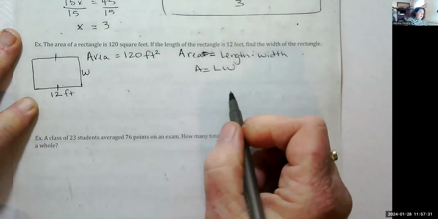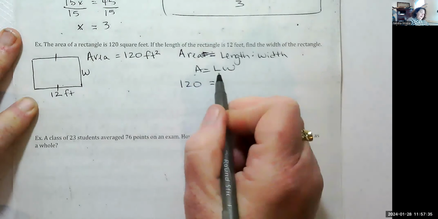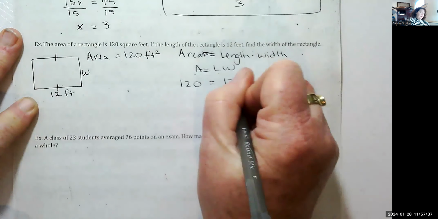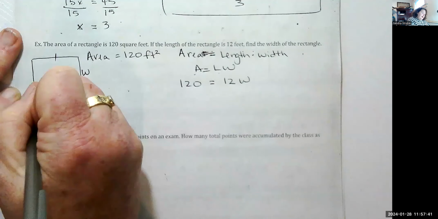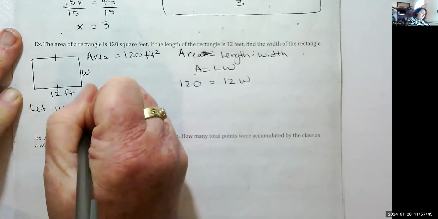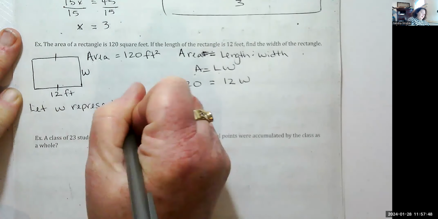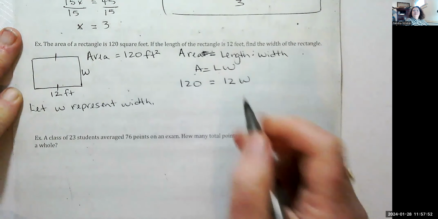So the area we know is 120. The length they've told us is 12, and we're looking for width. And I'm going to let W represent width, just to give us our definition of what W is.